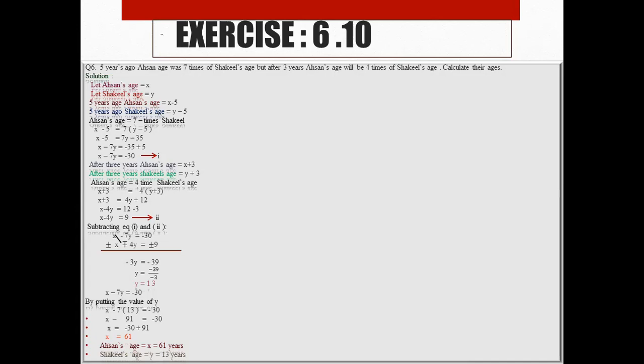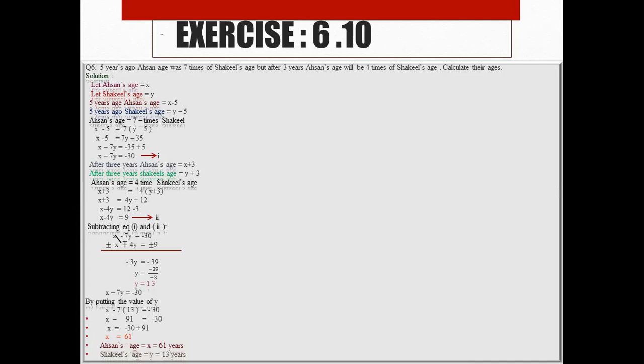So that's why we subtract 5 from their ages. At that time, Ehsan's age was 7 times Shakil's age. You see clearly on the screen that I write Ehsan's age is equal to 7 times Shakil's age.